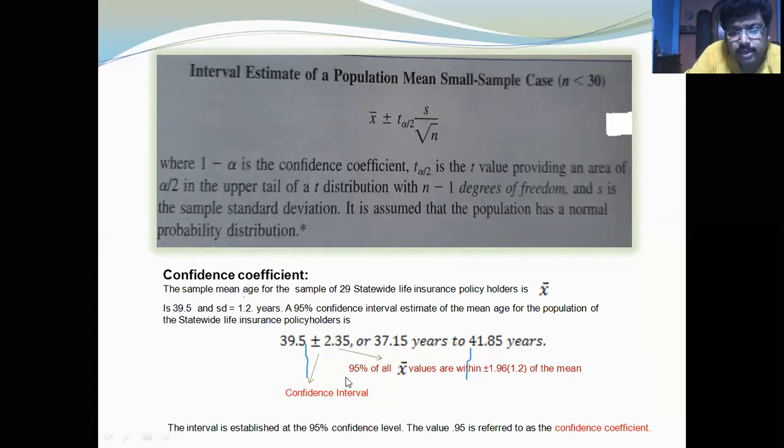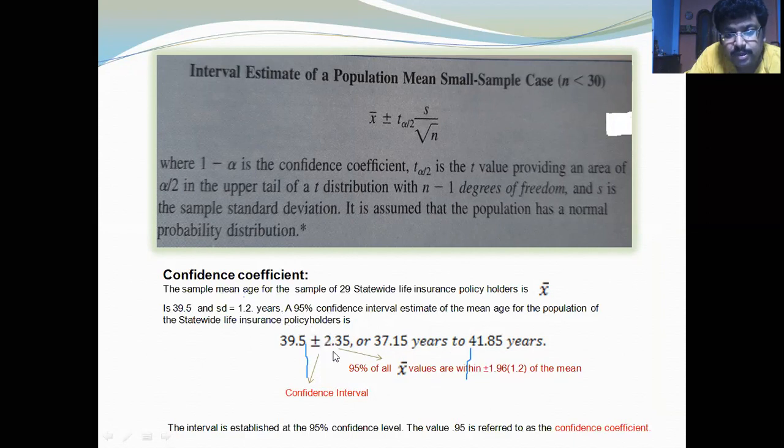In here this 2.35, the 95% of all sample mean values are within the plus minus 1.96 multiplied with 1.2 of the mean. So this is the error. This is the sampling error.